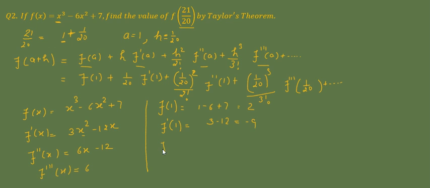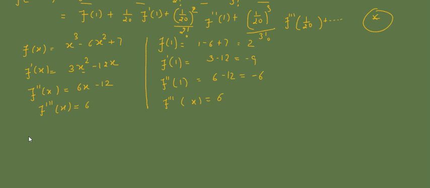Now the second derivative at 1, that will be 6 minus 12, that is minus 6. And the third derivative is itself independent of a or x, so it is just 6. So use these values of the function and derivatives in this equation, call this equation star. So put these values in star.